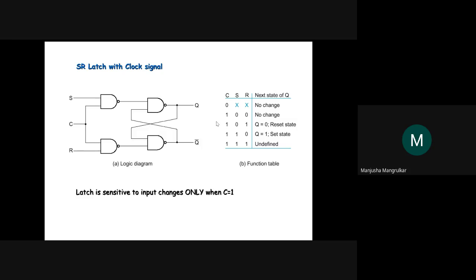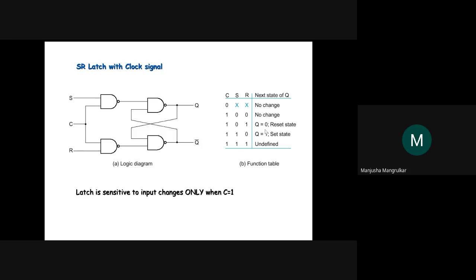So whatever changes happen, Qn plus 1, Qn plus 2, Qn plus 3, it is constant, and the output will be 0 only. That state is called the reset state. This truth table is the same as the latch, only it is controlled with the clock, synchronized with the clock pulse.